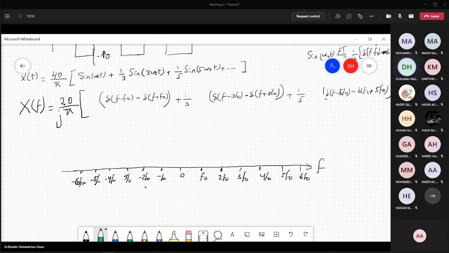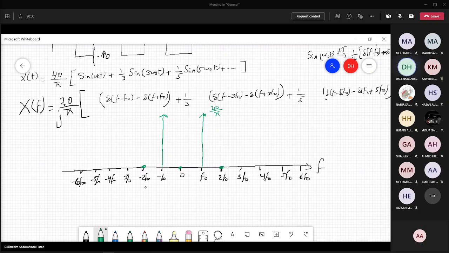So then here we don't have 0, so we have here, okay, which is equal to 20 divided by pi. Similarly, we have another one at positive, so it's here. But here we have at 3, so then we don't have anything at 2, so here again it's equal to 0.